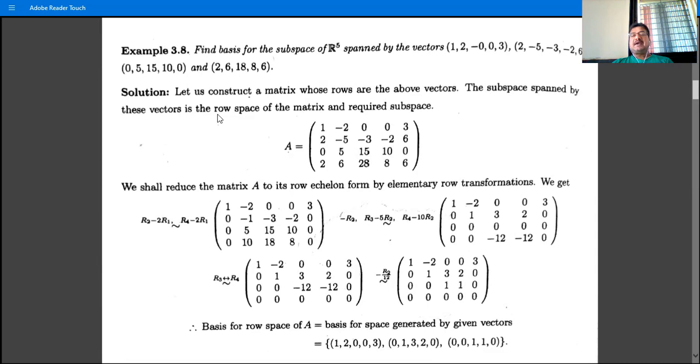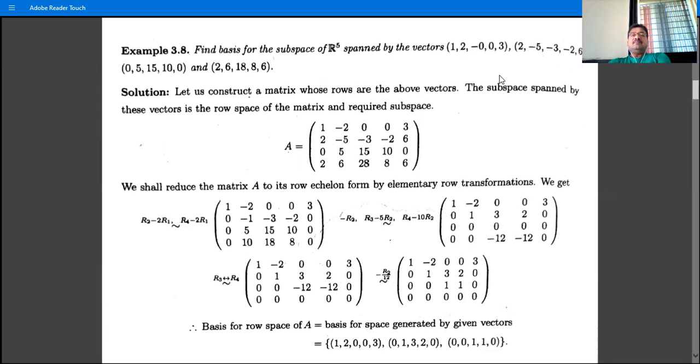So the subspace spanned by these four vectors is the row space of this matrix. In order to find a basis for the subspace spanned by these vectors, we have to find the row space of this matrix A. This is an example of finding the basis for a subspace or vector space spanned by four vectors, five vectors, or three vectors.